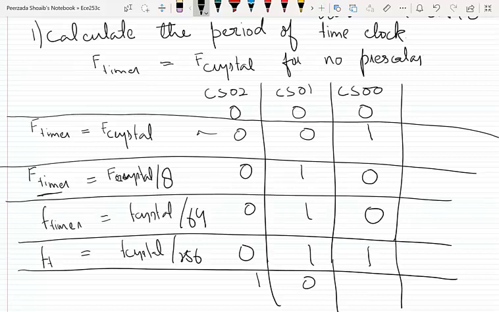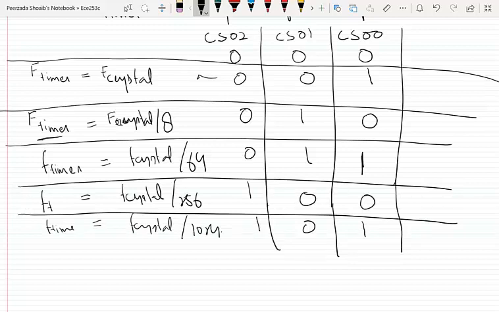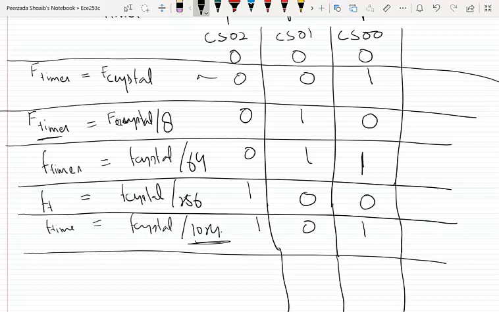For 010 it was divided by 8, and for 011, frequency of timer was equal to frequency of crystal divided by 64. So this is 011, the fourth case, and the fifth case therefore will be 100. In this case, frequency of the timer will be equal to frequency of crystal divided by 256. And for the case 101, f timer will be equal to crystal frequency divided by 1024. This is the highest prescaler we can generate in the Mega 328 microcontroller.